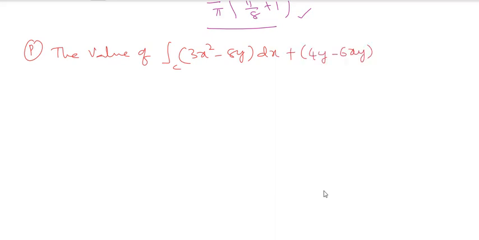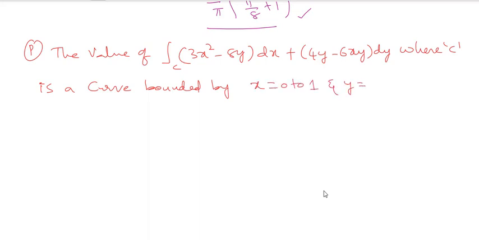Take down the value of the integral over c of (3x square minus 8y) dx plus (4y minus 6xy) dy, where c is a curve bounded by x equal to 0 to 1 and y equal to x square to root x.